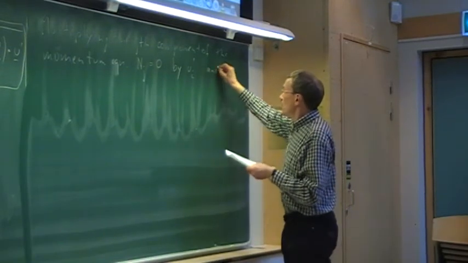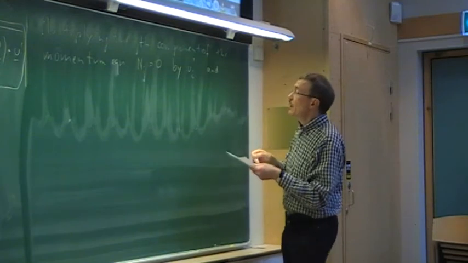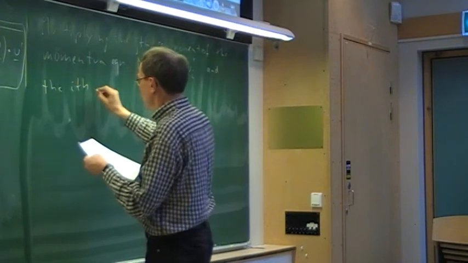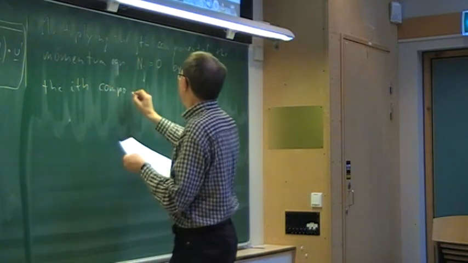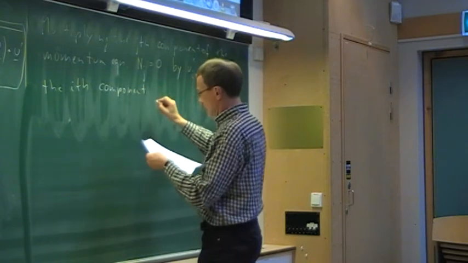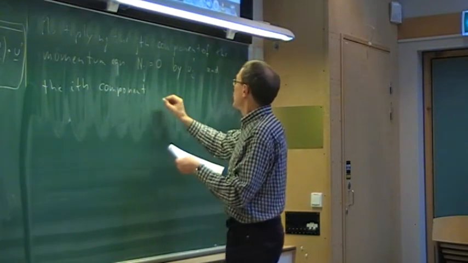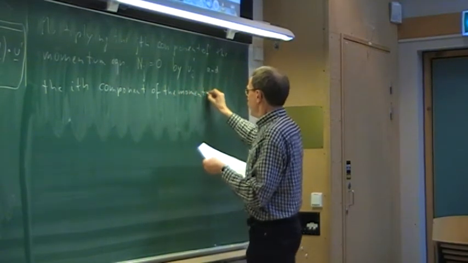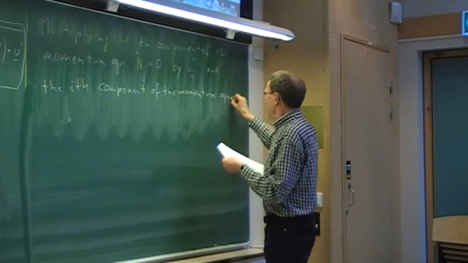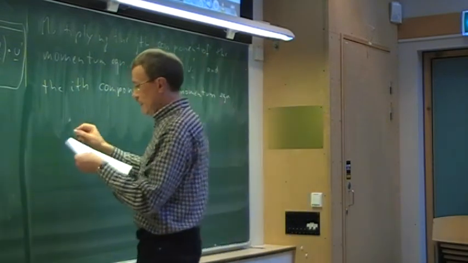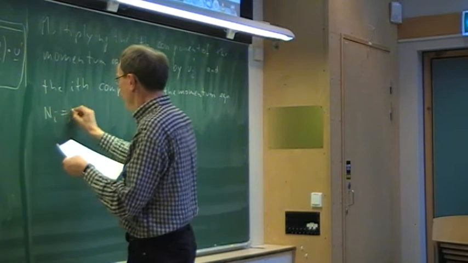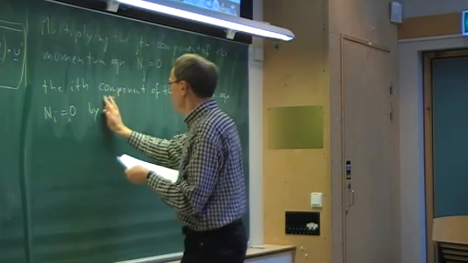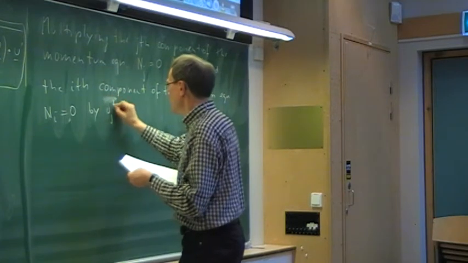And we multiply the ith component of the momentum equation, that is then n_i equal to 0, by u_j prime.